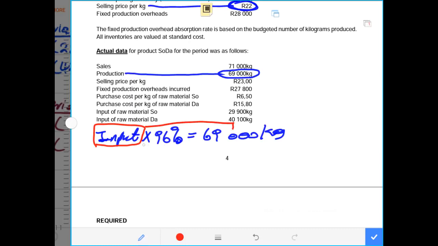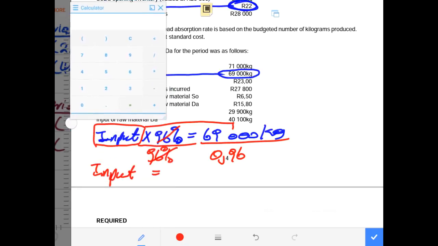So now we have to divide here by 96%. And this will cancel this, and we do the same thing. We divide here by 0.96, which is 96%. So now our input will be 69,000, meaning units that were introduced, divided by 0.96, which is 96%.